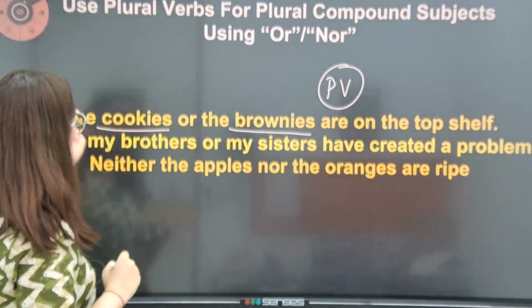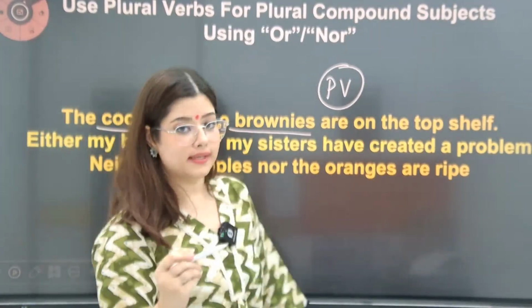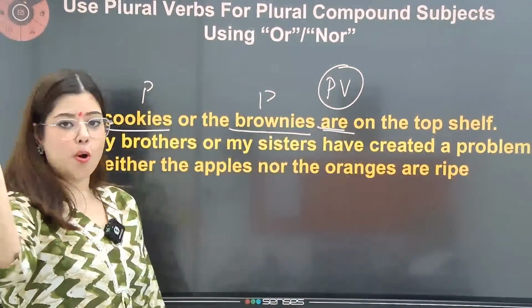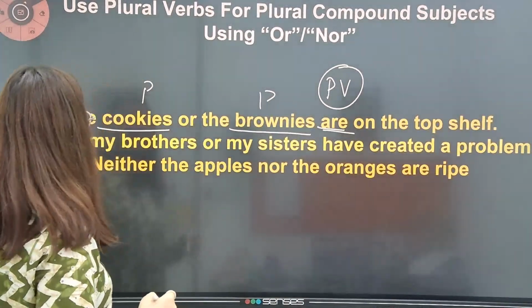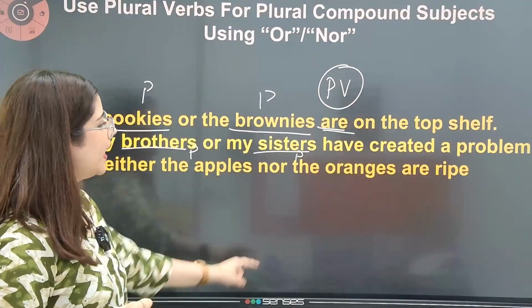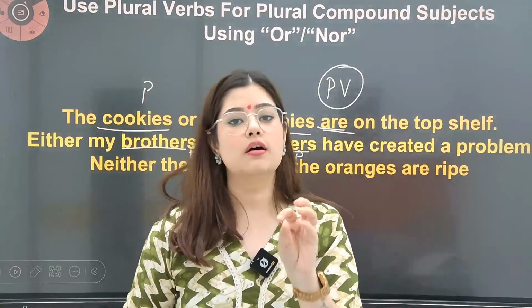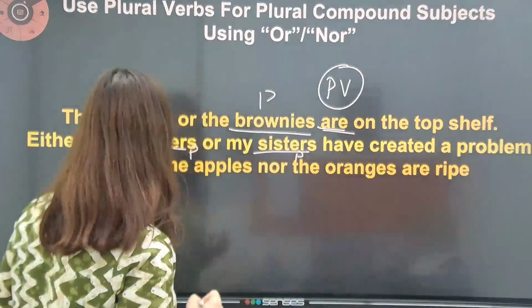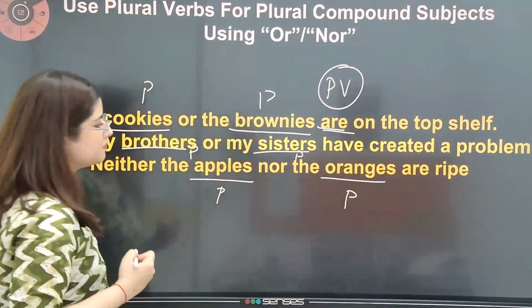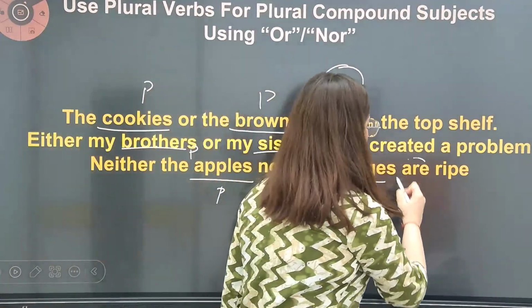The cookies or the brownies, plural, plural, are on the top shelf. Either my brothers, plural, or my sisters, plural, have created a problem. Neither the apples, plural, nor the oranges, plural, are ripe.